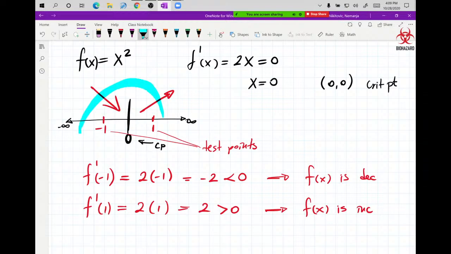You could have had the shape like this. Then it would be a maximum, right? If this arrow went up and the other arrow went down, then they connect and make a maximum on the top where the 0 is. So it all depends on what you get here and whether you draw the decreasing arrow or the increasing arrow.